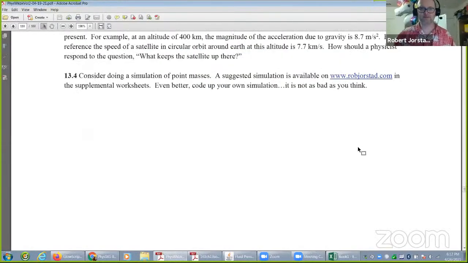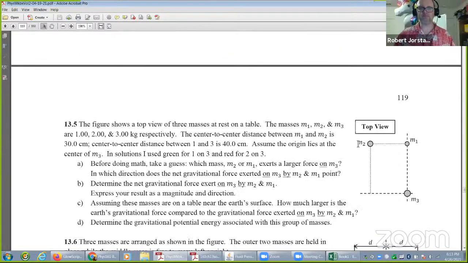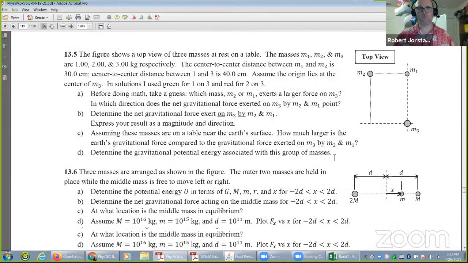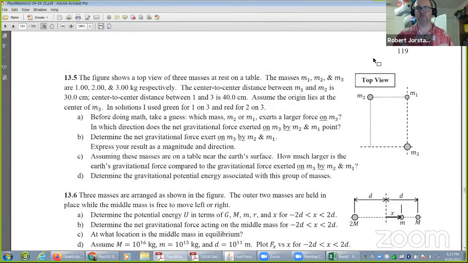Okay, let's get back in, try and do a couple more problems. We've got about a half hour. Let's start by looking at page 119, and I'll bring a screen share up. All right, so here we go. This page is a pretty good one to study for the final exam, right?